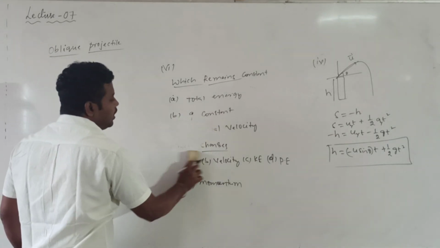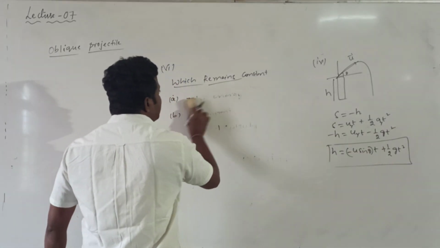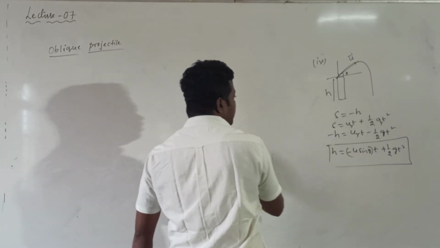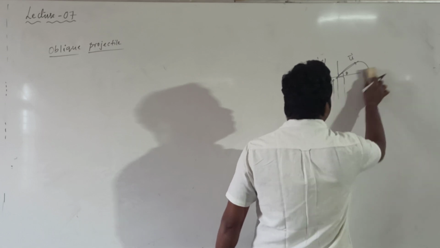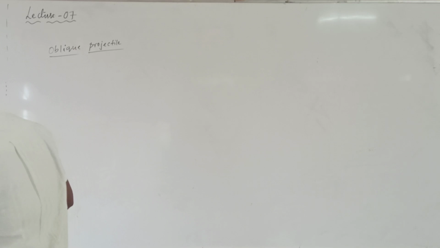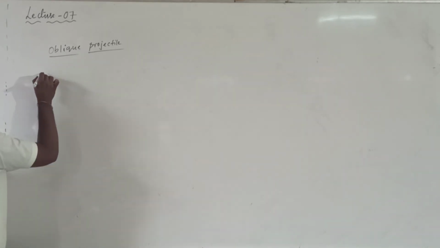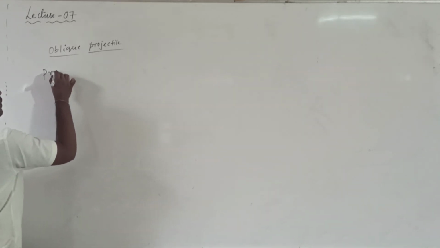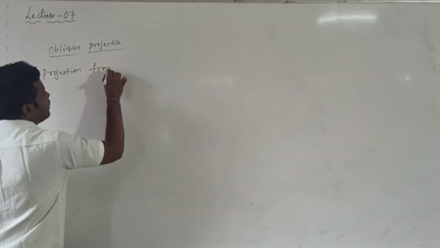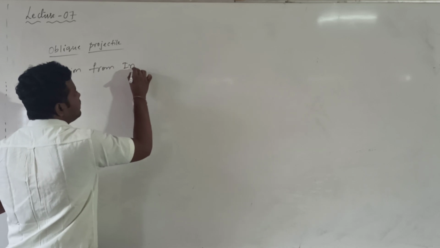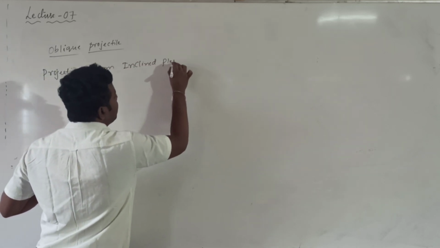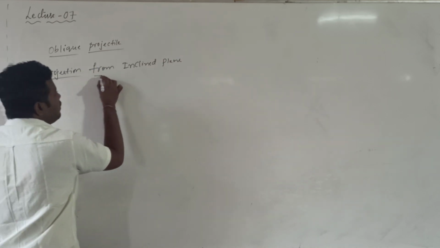In this oblique projectile, the projection is done from where? From the level ground. Sometimes we will also do projection from an inclined plane. So if I consider that case, here we discuss projection from the inclined plane.